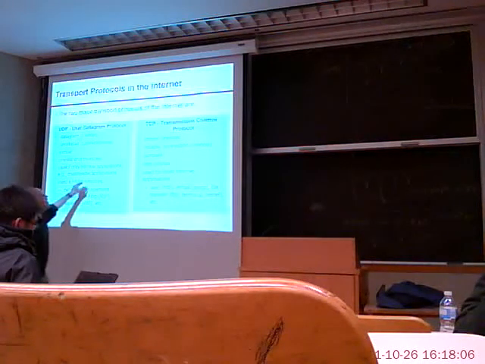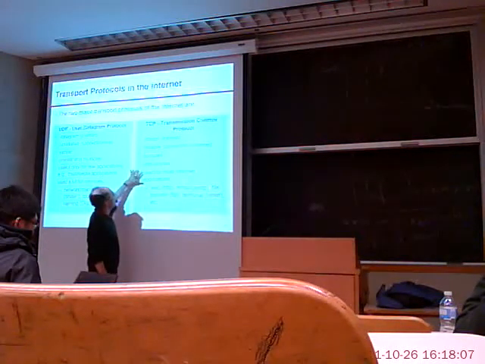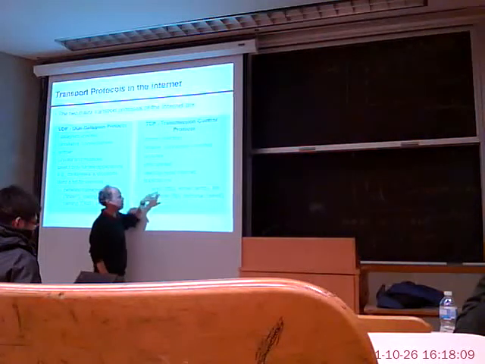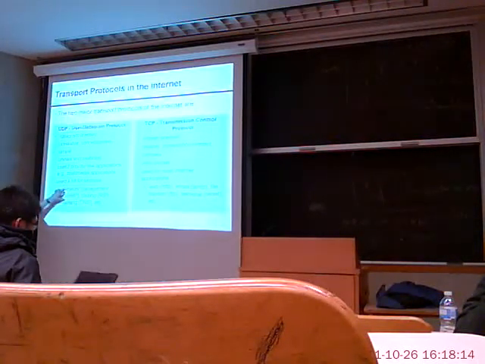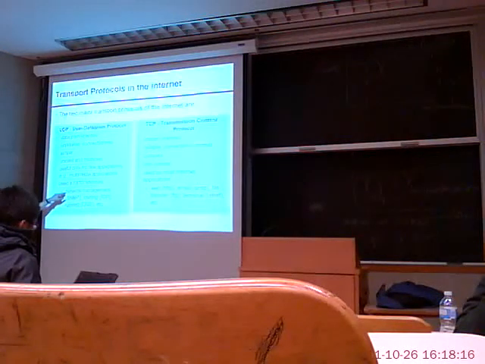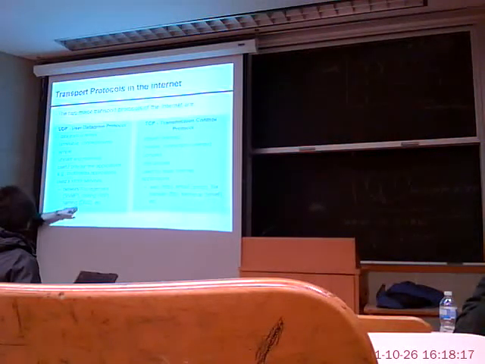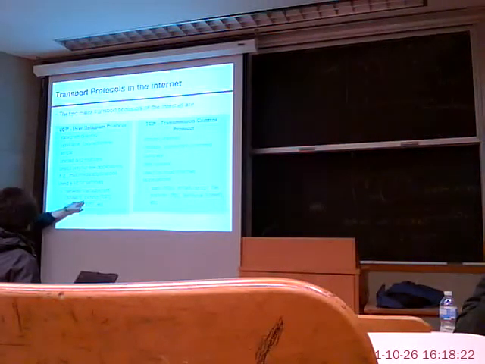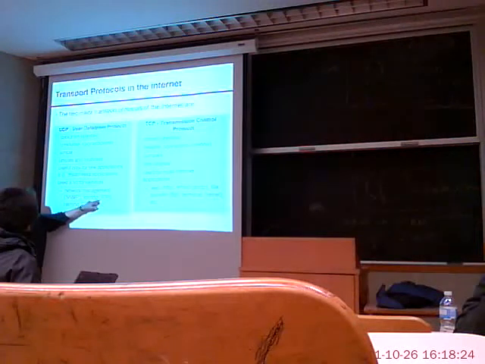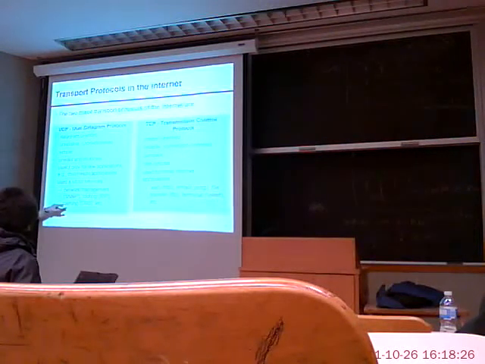TCP is used by most of the internet: the web, email, file transfer, terminal. UDP is used a lot for network services. DNS, even though DNS can also run over TCP, mostly uses UDP. Routing protocols such as RIP, we saw, use UDP.